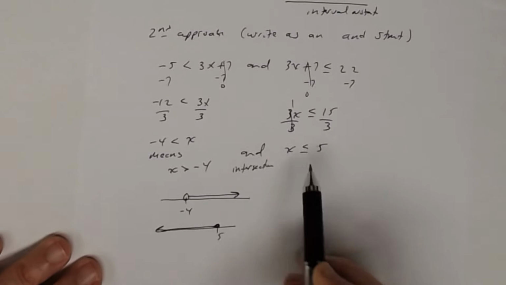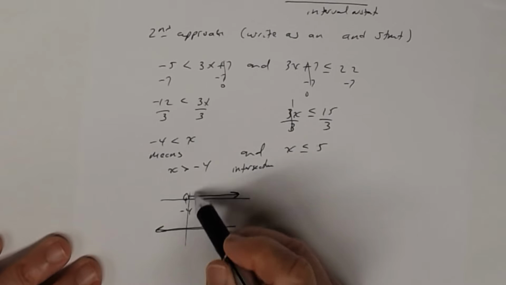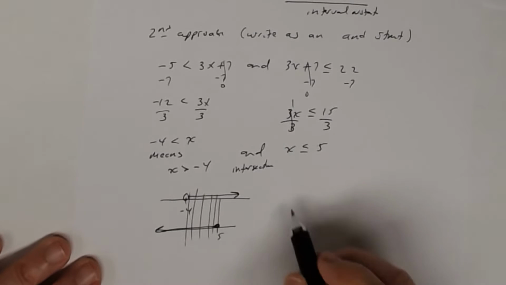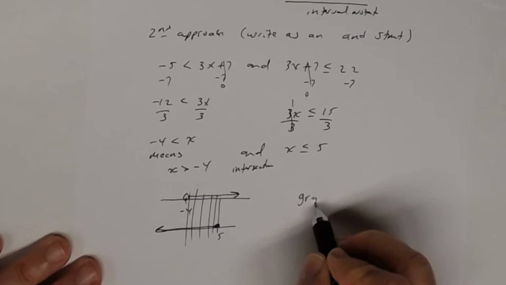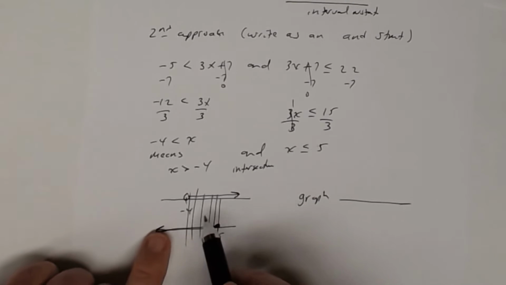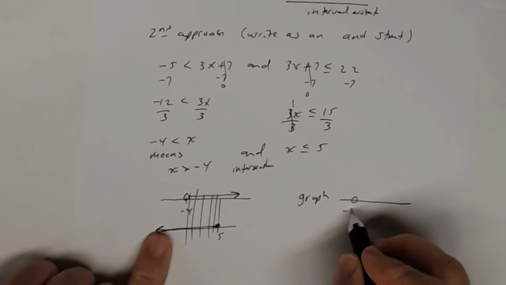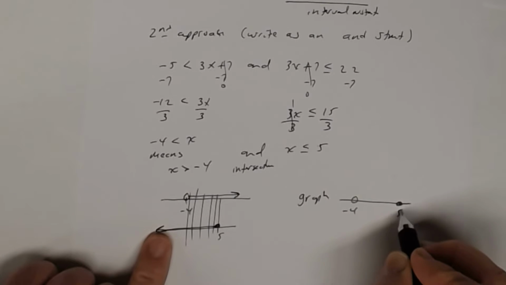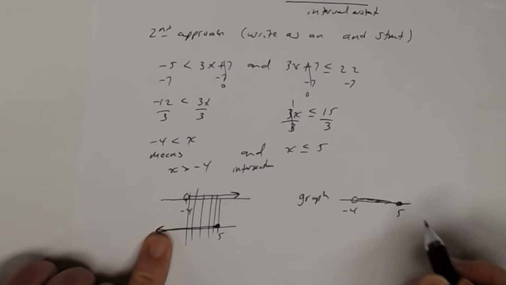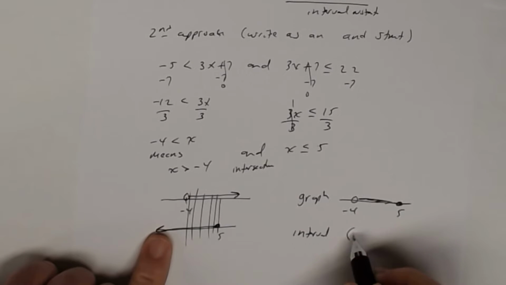And so the solution to the statement here has to be where those two graphs intersect. And so your graph then, you're going to put this on one number line. So your graph will be from -4 to 5, open circle, closed circle, and shade in everything between them. And then your interval notation will be parentheses -4 to 5 with a bracket.